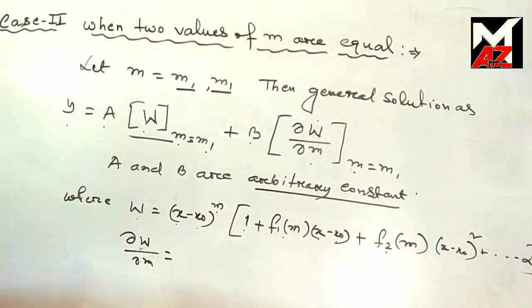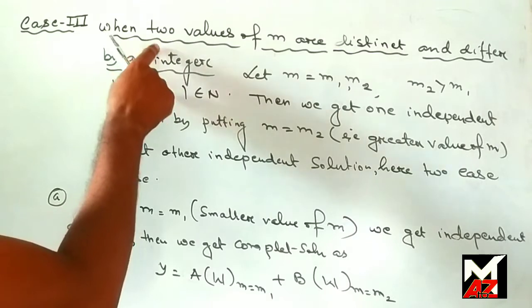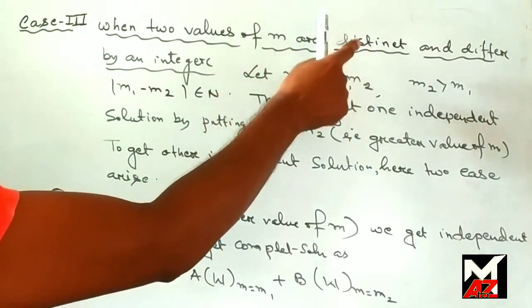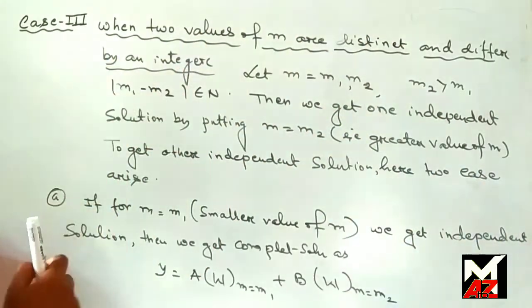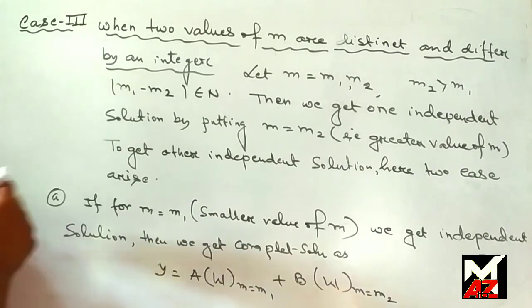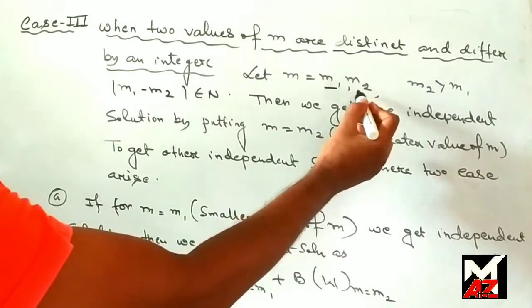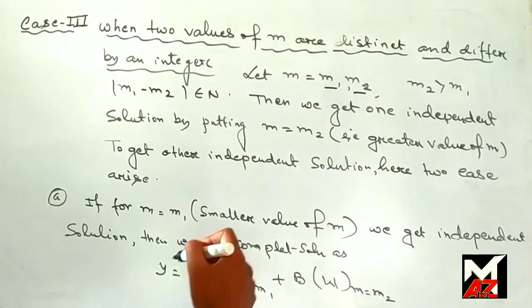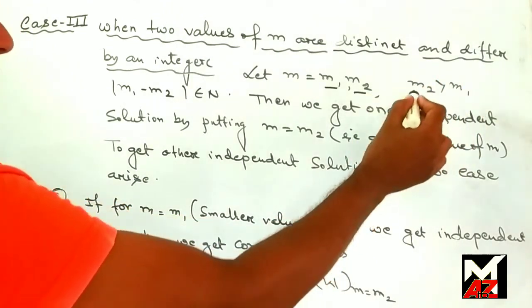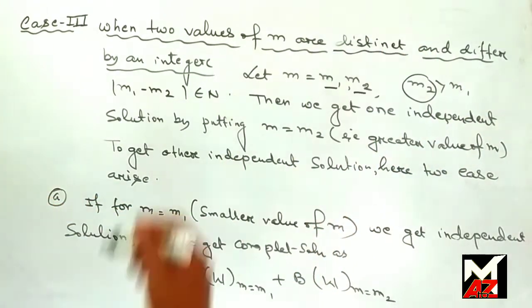Now case 3 is when two values of m are distinct and differ by an integer. That is, let m equal to m1 and m2 be two values of m, with m2 greater than m1, that is, m2 is the greater value of m.